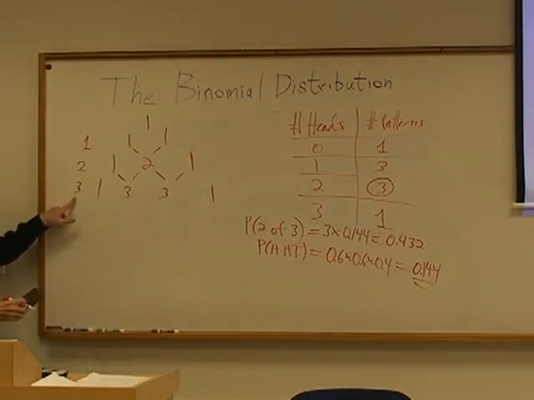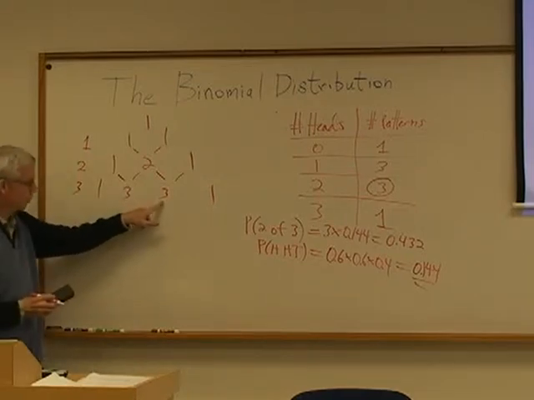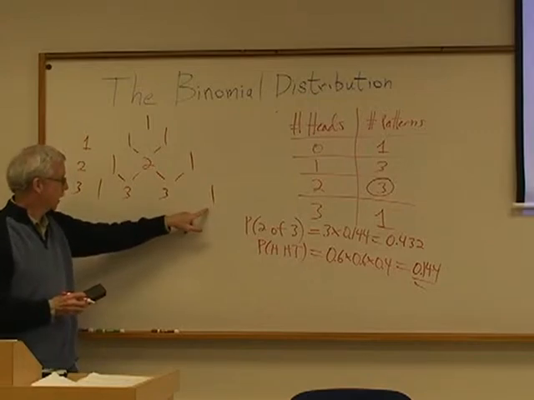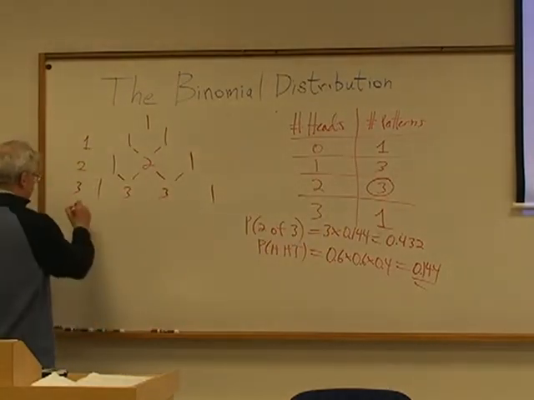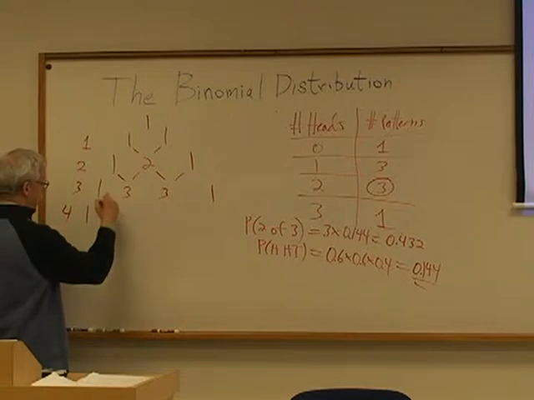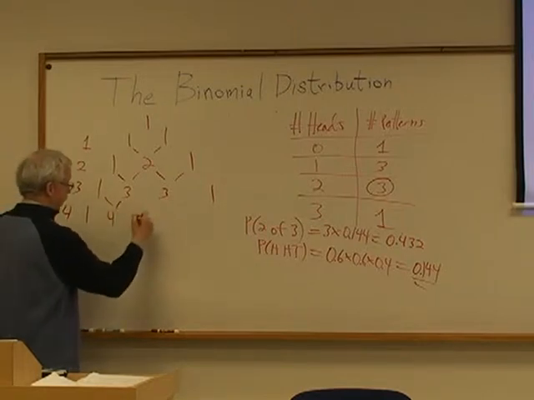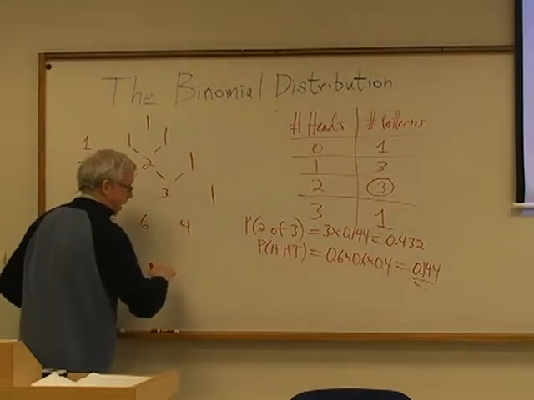This is, if I flip 3 coins, there's 1 way to get no heads, 3 ways to get 1 head, 3 ways to get 2 heads, and 1 way to get 3 heads, as I found here when I counted the patterns. What would the next row be if I flip 4 coins or do 4 tries? Well, it's 1, 3 plus 1 is 4, 3 plus 3 is 6, 3 plus 1 is 4, and I bring down my 1.